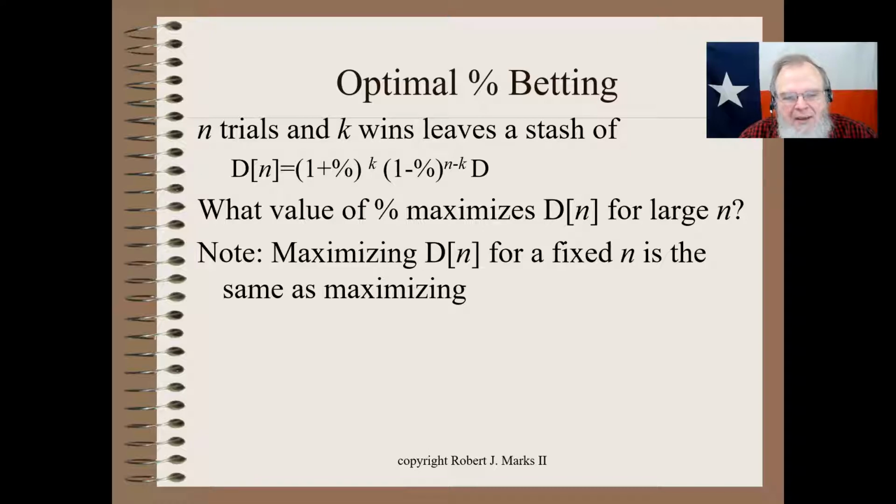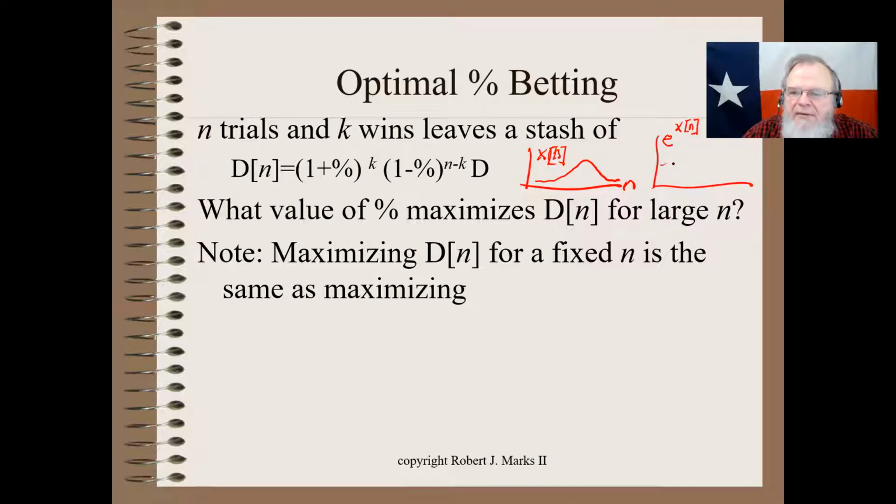Now, here's the thing. Say you have a function x of t or x of n. I'm going to draw this as a continuous random variable, and you maximize this. And then if you raise this to a strictly increasing function, let's say e to the x of n, it's the same result.